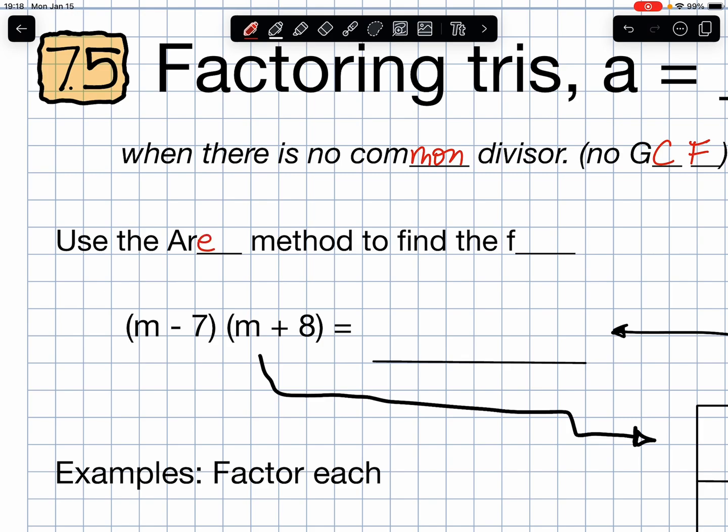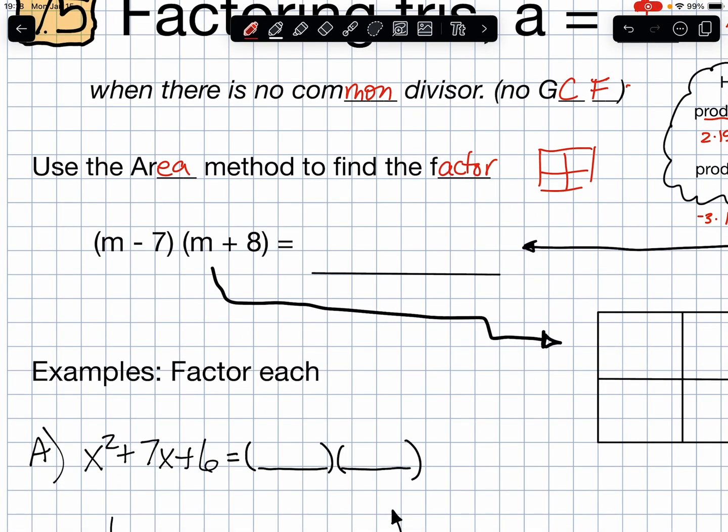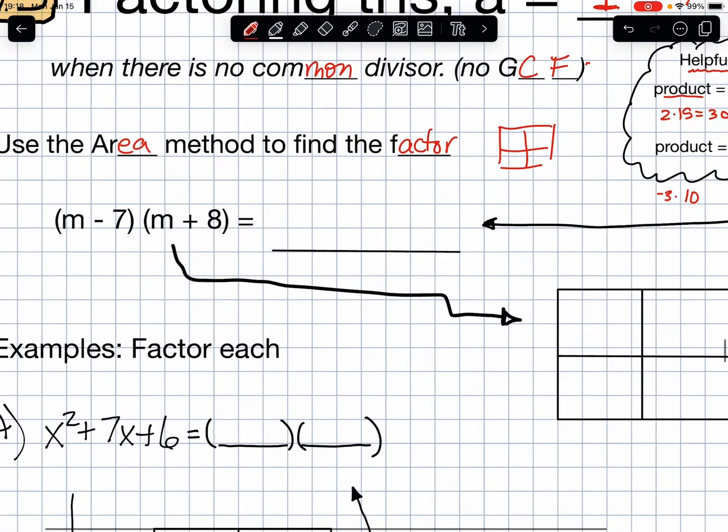I'm going to be using the area method to find the factors. So you recall this involves drawing that little area model table. All right, and to remind you what that is, I'm going to start off by multiplying m minus 7 times m plus 8.